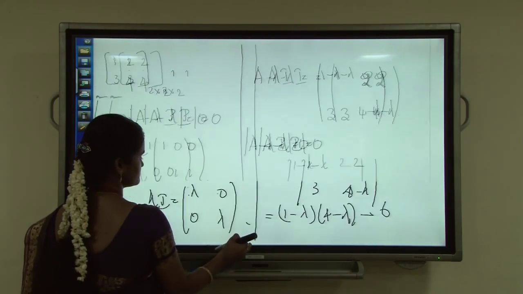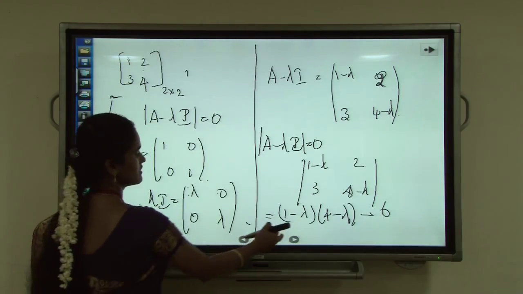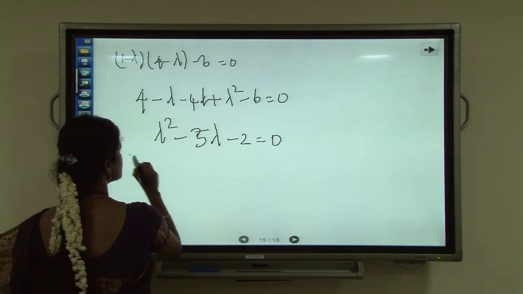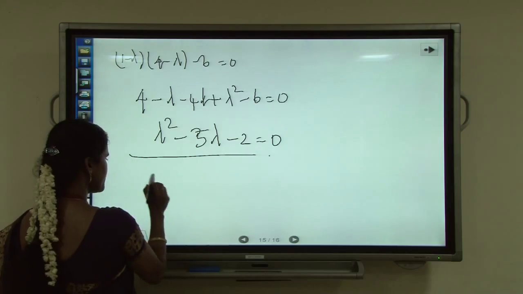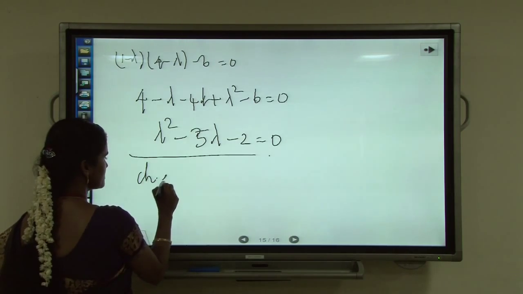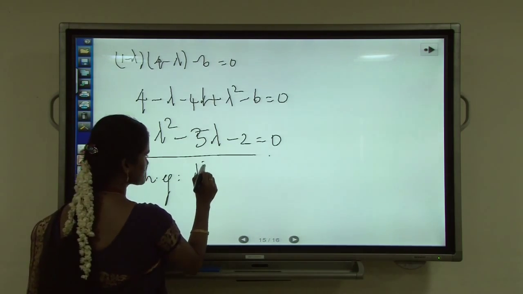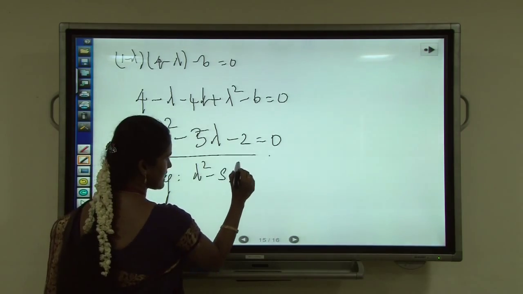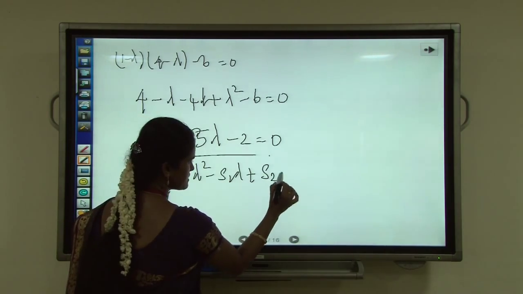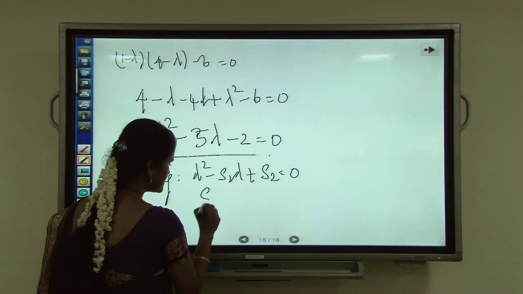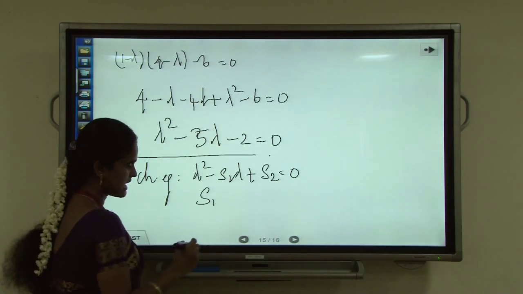Now in the shortcut method, we can make it very short by assuming the characteristic equation, knowing the order, as lambda square minus s1 lambda plus s2 is equal to 0. Now how do you define s1? By the sum of the main diagonal elements.